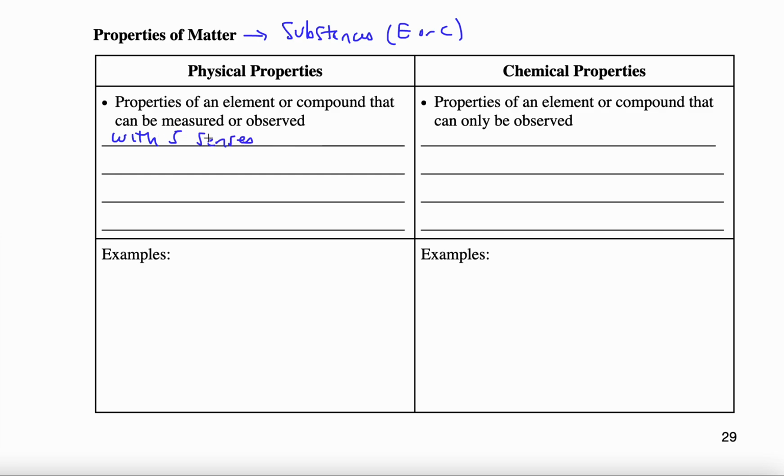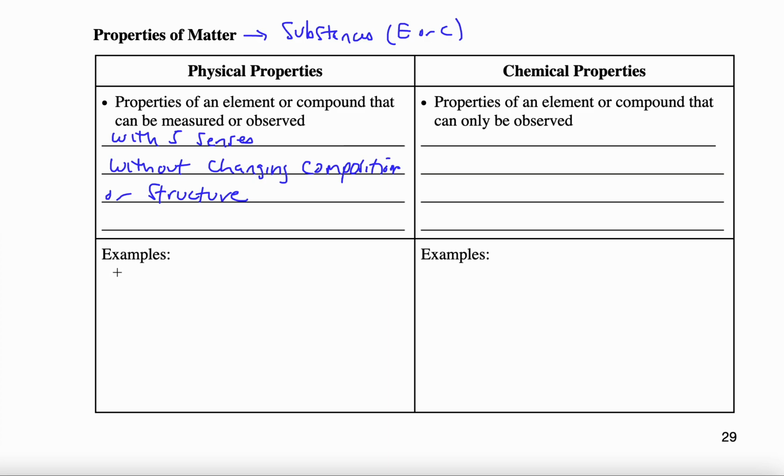And when we measure or make these observations, we can do so without changing the particle's composition or structure. So when we talk about composition, we're talking about the type of atoms and their ratio that they exist within the particle, and the structure is how those atoms are linked together or bonding.